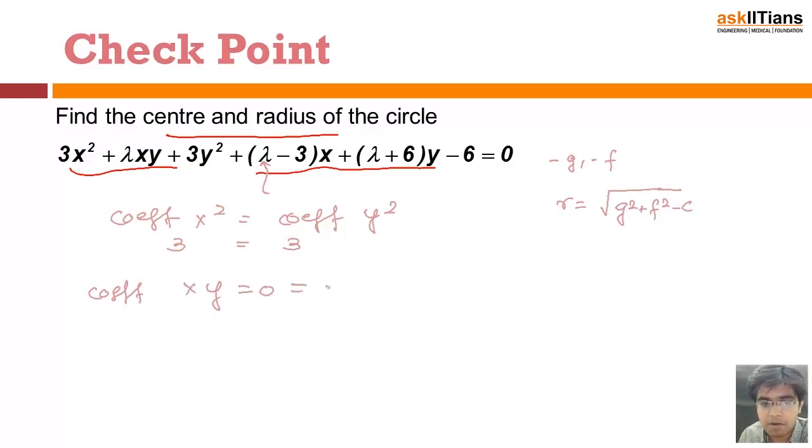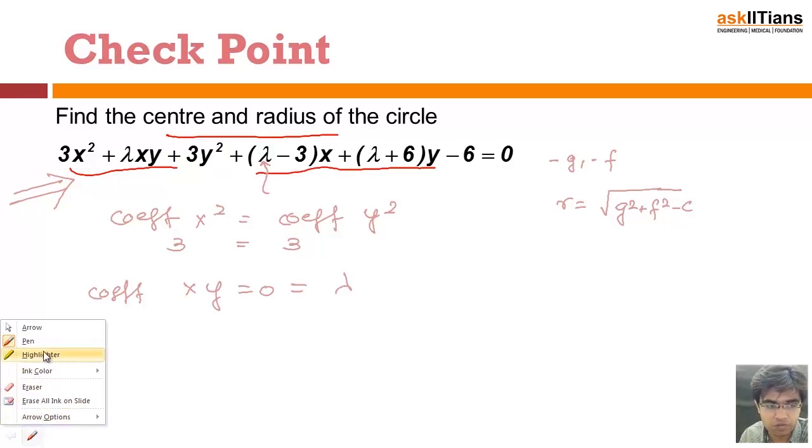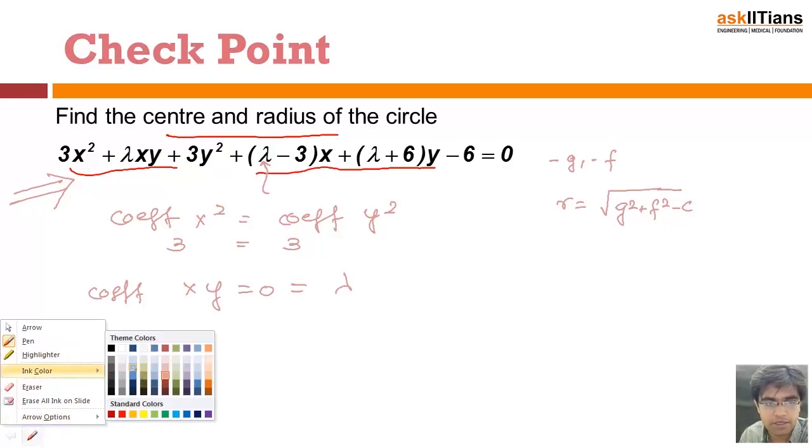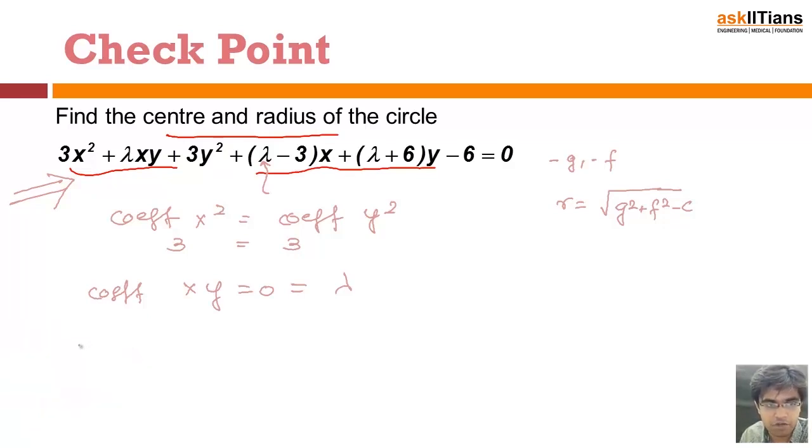But here it is lambda. That means if this equation represents a circle, then the value of lambda is 0. So lambda is 0. That means my equation is now modified to 3x square plus 3y square minus 3x plus 6y minus 6 is equal to 0.